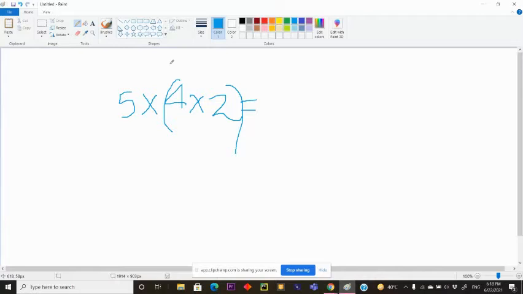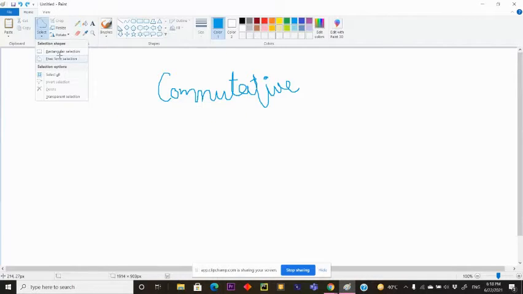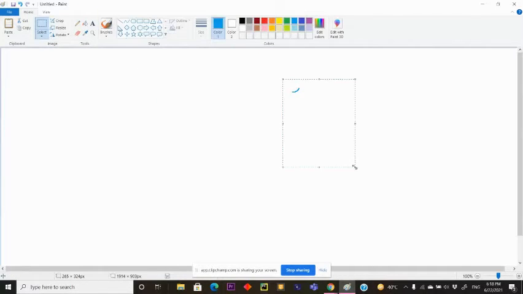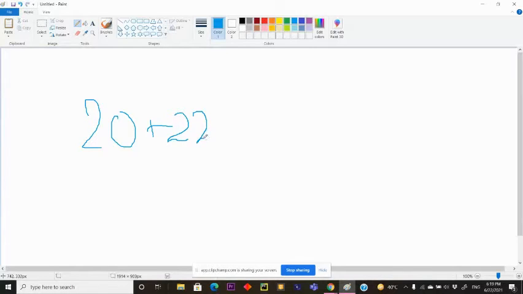Let's now check it on paint. So, for example, we have 20 plus 22. These both are whole numbers, as you know, they are between 0 and infinite.